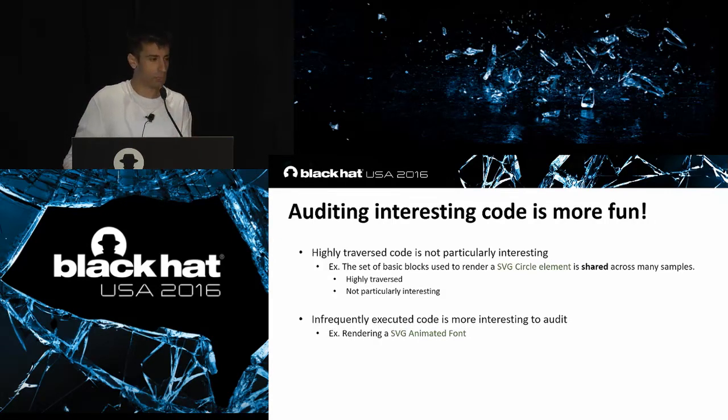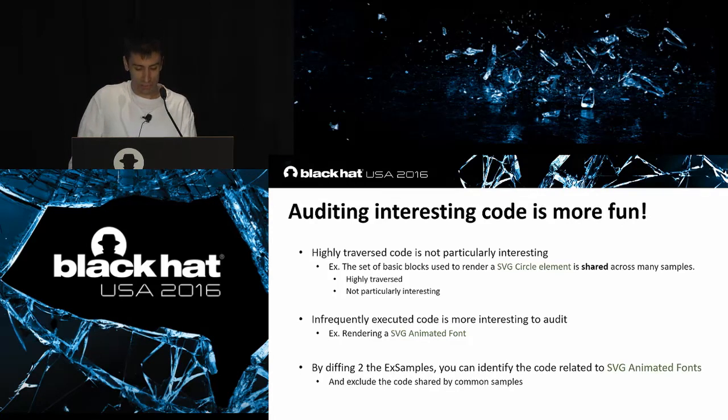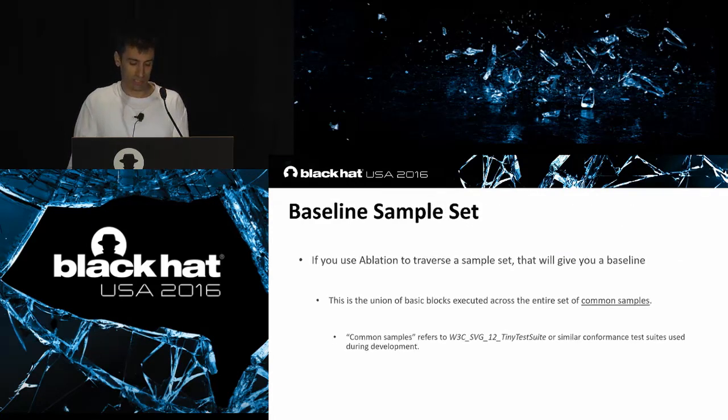Now, if we look at infrequently executed code, that's a lot more likely to contain bugs. Ironically, I actually have found a bug in an SVG circle element, but that's the exception, not the rule. So by diffing the two, you can exclude the code that they share.